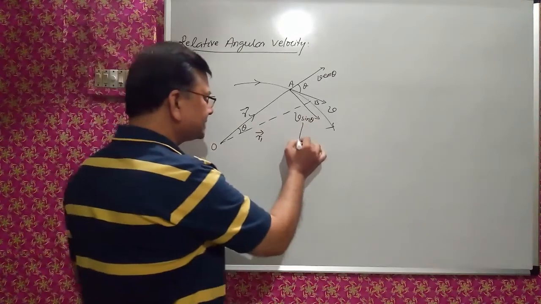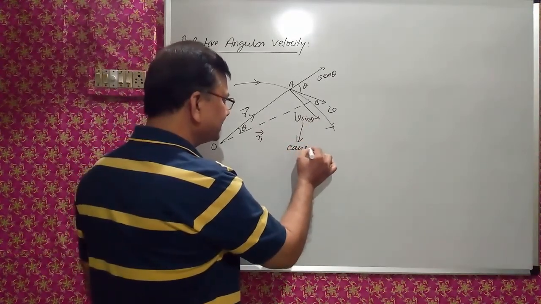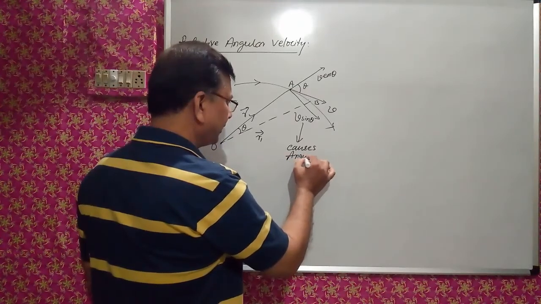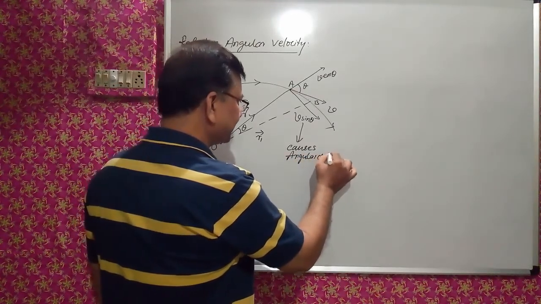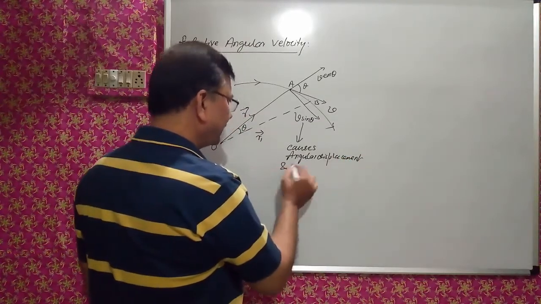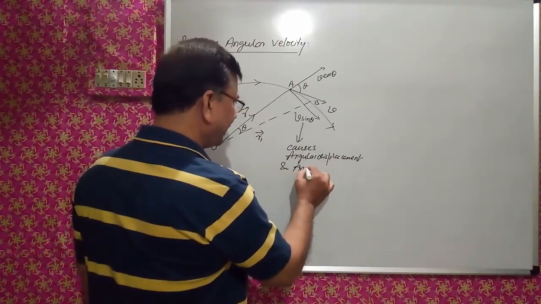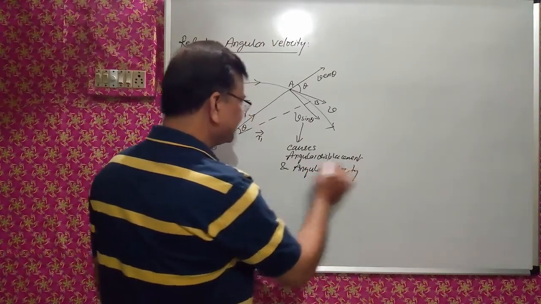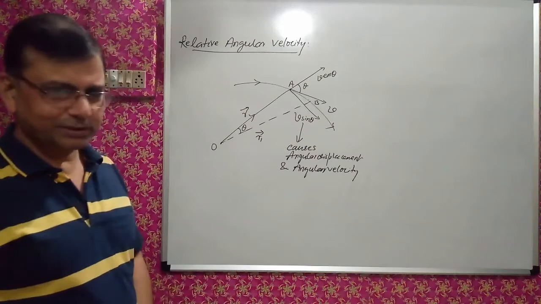So this velocity causes angular displacement, and consequently angular velocity. Since angular displacement is there, the angular velocity is there.